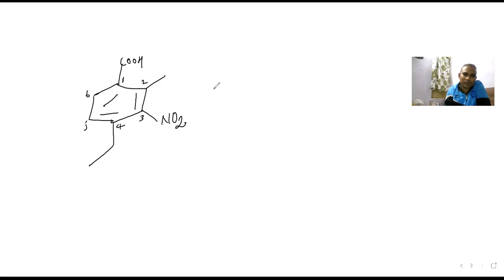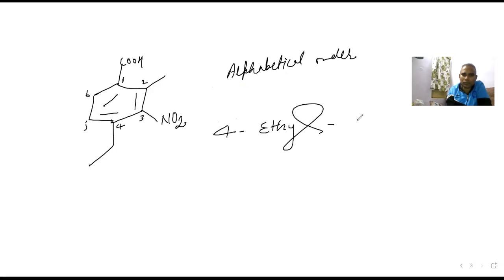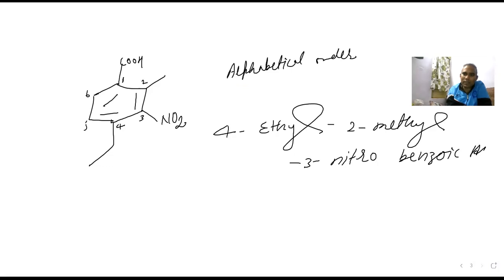Methyl and 2-methyl, alphabetical order. 4-ethyl, 2-methyl, 3-nitro benzoic acid. What would be the common name, Jana?